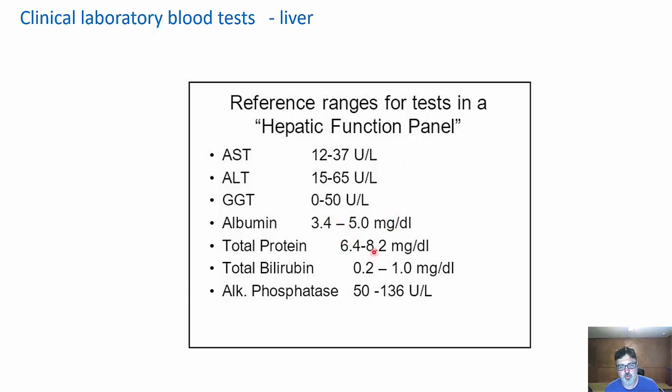And with total protein, think about between 6 and 8. Bilirubin, as long as it's less than 1, that's the important thing. And alkaline phosphatase under about 135, 136. So just keep in mind, these are some of the common tests that you'll typically be looking for. A lot of these are proteins, enzymes, and things that we've looked at throughout this lecture. So hopefully they will start to look a little more familiar to you as you move forward.